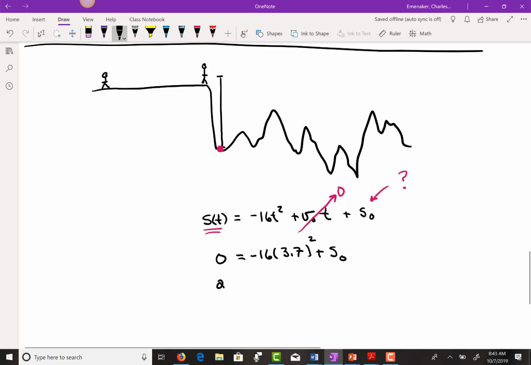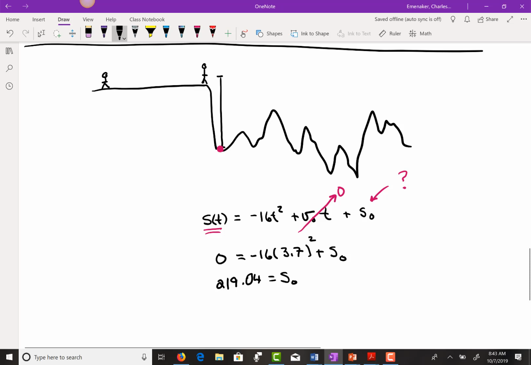We're going to get 219.04 equals s sub 0. So about how high was that cliff? About 220 feet, which is about like a 22-story building. So it was a pretty good sized cliff.